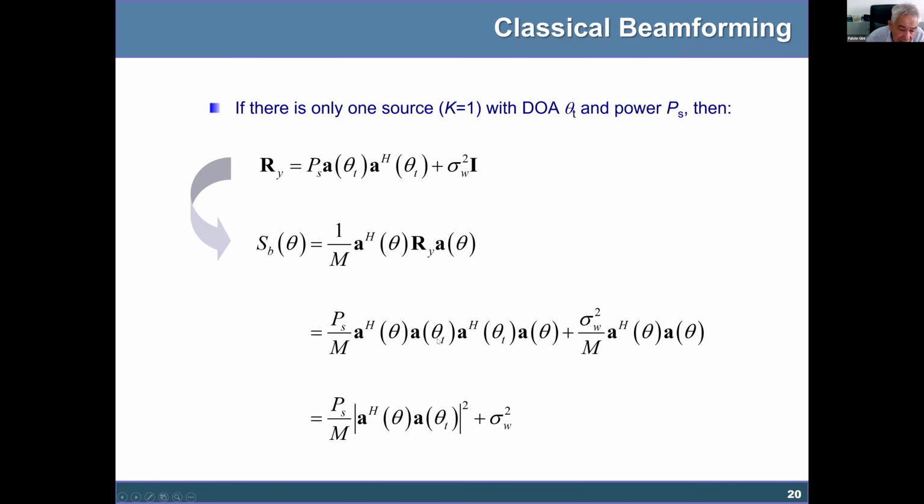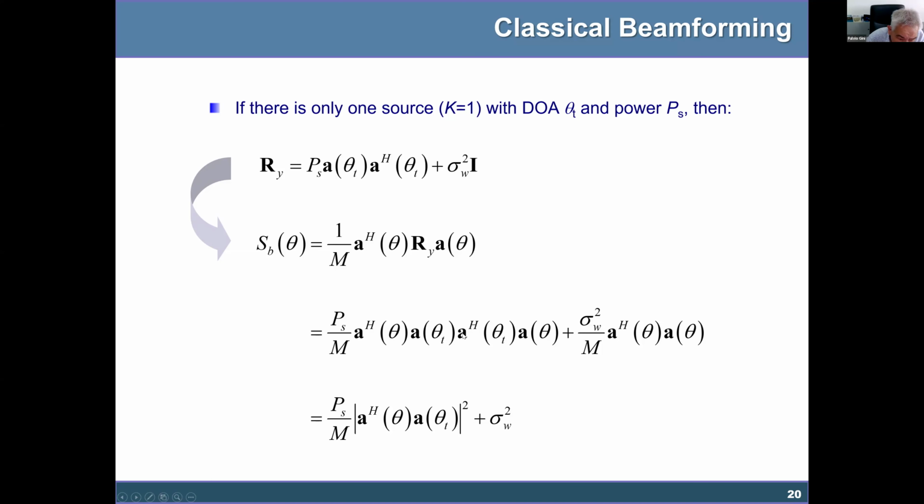And theta t is the direction of arrival of the single target or the single source which is present in the data. So we are estimating the spatial power spectral density from data where only one target is present, and this target is observed in the presence of additive white noise.